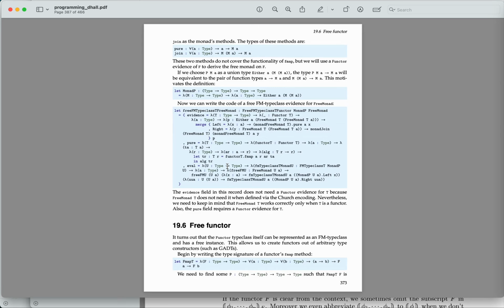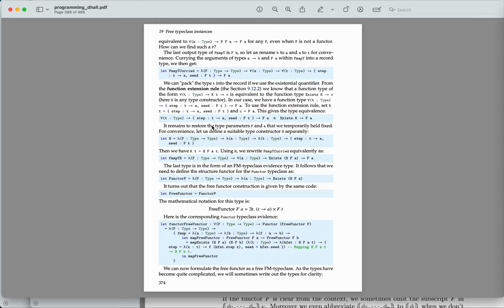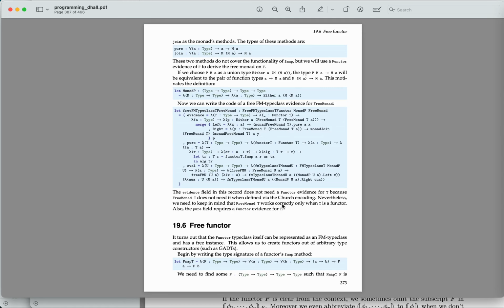A free functor is essentially that. It's not a big deal. Functor P. This is the free functor. Free monad is actually simpler than the free functor. Or is it? Yeah, well, this is a definition of the monad pattern functor that you need.